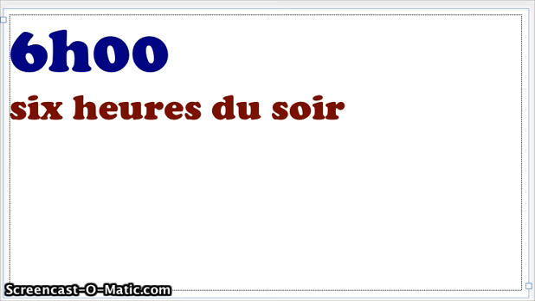Okay? Well, 6 o'clock in the morning in 24-hour time would still be represented by 6H00 because it's 6 hours after midnight. But what if we're talking about 6 o'clock in the evening, like it says here? Well, you wouldn't say 6H00 in 24-hour time because obviously it's well past 6 hours past midnight.